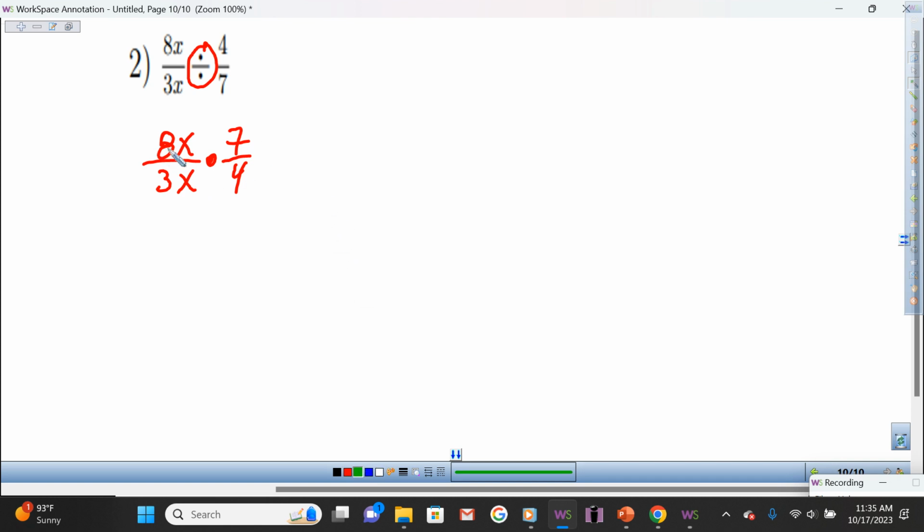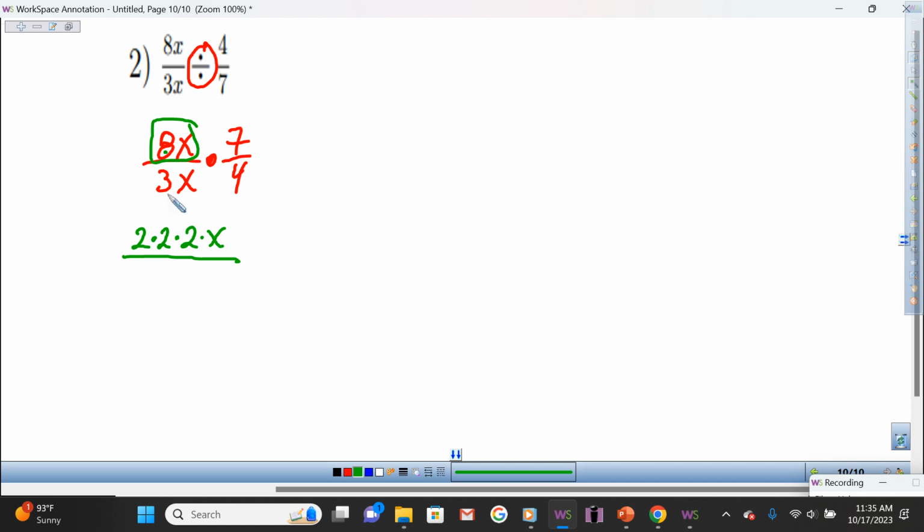So, what are the factors of the first numerator? Anthony E., factors for this one? Actually, this is just a monomial, so the 8 could be written 2 times 2 times 2 times x.